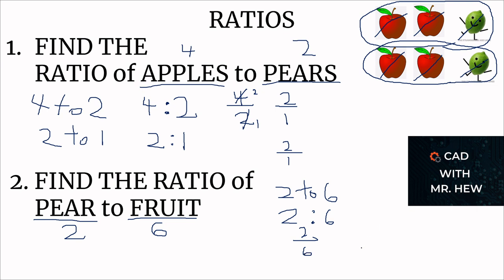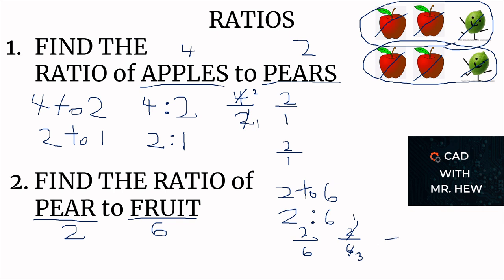So again, we can simplify the ratio by looking at the highest common factor that can divide both the numerator, which is the number at the top, and the denominator, which is the number at the bottom, right? So if we have 2 upon 6, we can divide 2 by 2 and you'll get 1. We can divide 6 by 2 and we'll get 3.